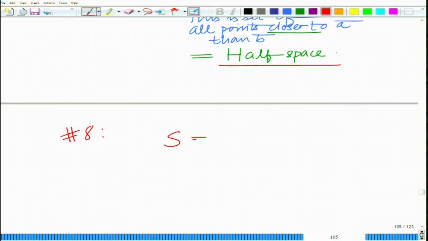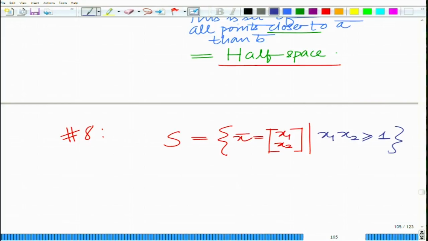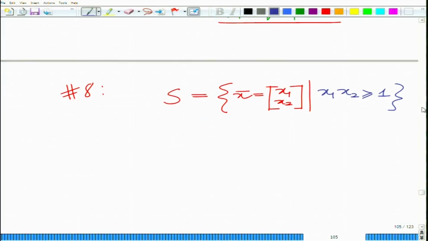So, we have S equals the set of two dimensional vectors x bar equals x1, x2 such that x1 x2 is greater than or equal to 1, and we want to ask the question again, is this set S convex?